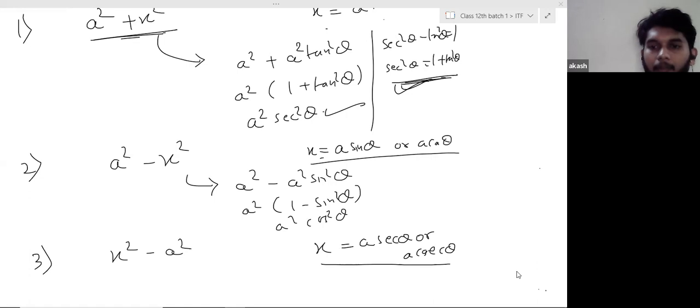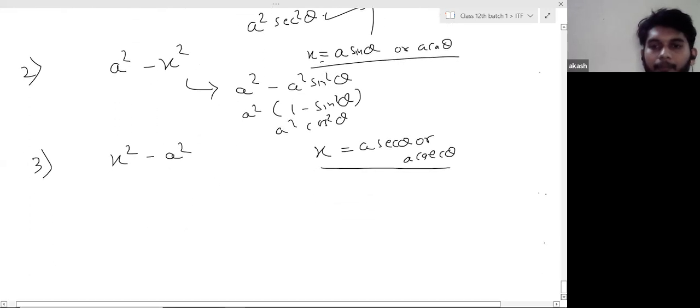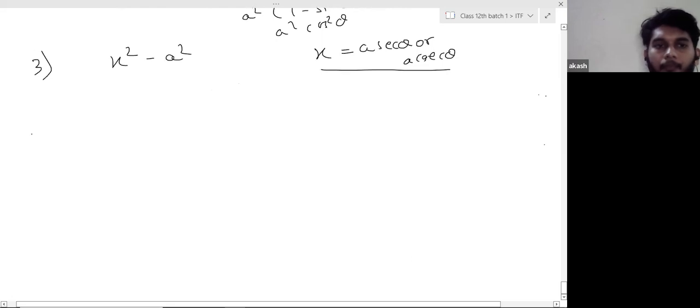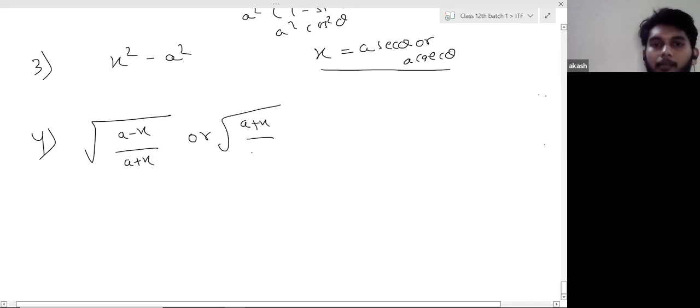All right. Two more substitutions we need to know. If you have under root a minus x upon a plus x, or under root a plus x upon a minus x, then you can put x equals a cos 2 theta.